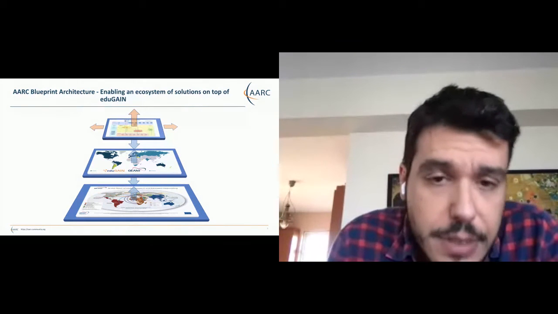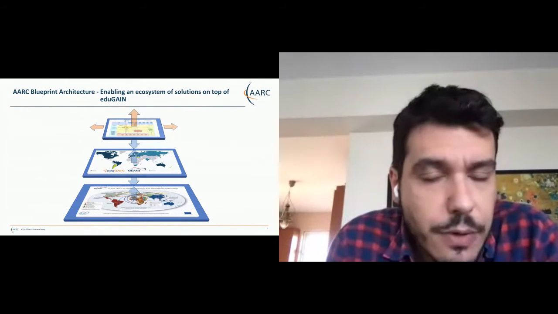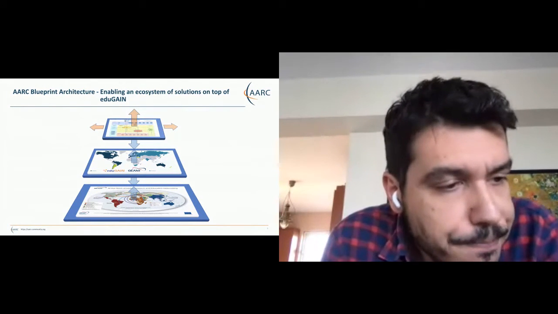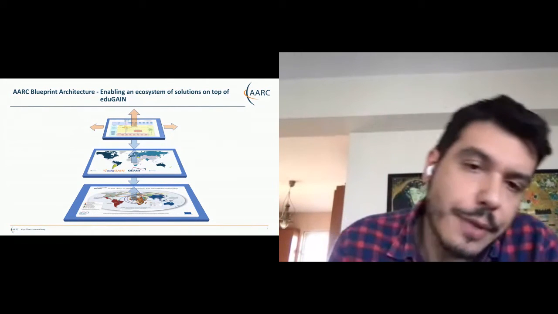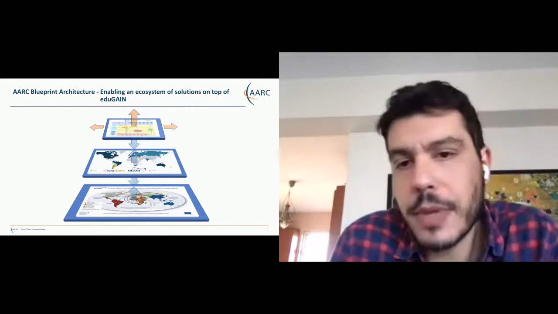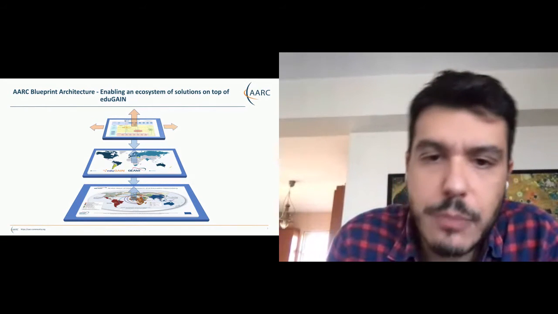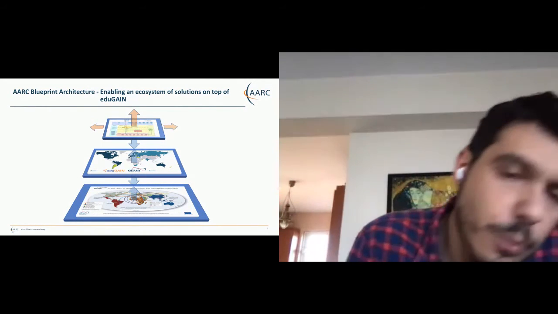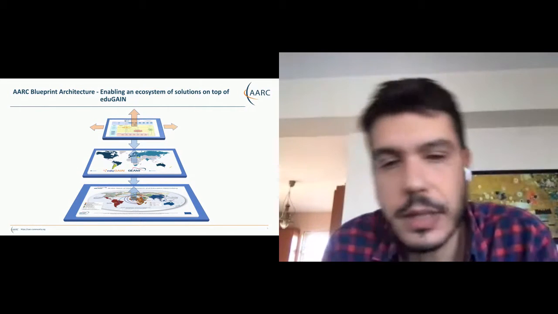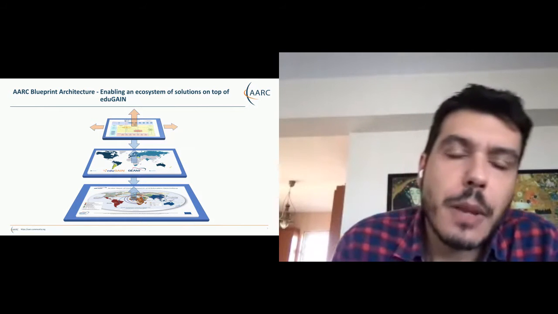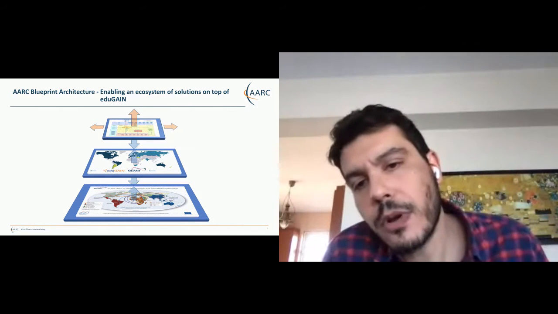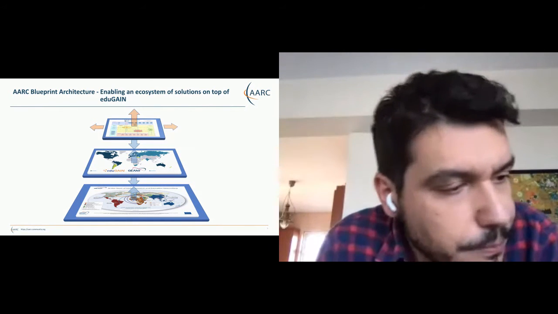The ARC is leveraging eduGAIN as a foundation for the federated identities, but adds the dimension of the research collaboration. So the existing relationship from the identity federation and eduGAIN between the user's home organization and the services that they try to access now becomes a relationship between the home organization, the collaboration, and the service.